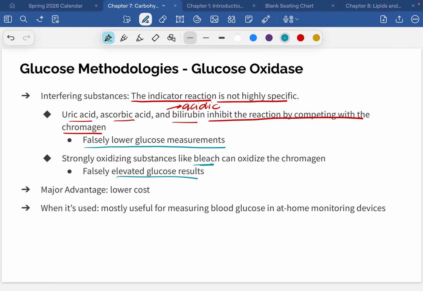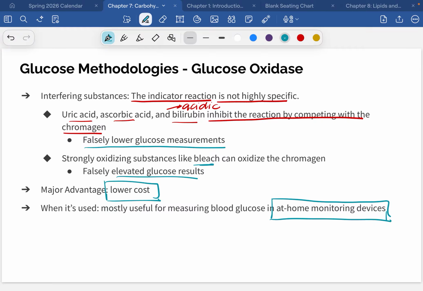The major advantage to this glucose oxidase is it's incredibly cheap. It's a lower cost, and it's mostly useful when measuring blood glucose in at-home monitoring devices. Because the truth is that these at-home monitoring devices don't need to be horrifically accurate. They do need to be semi-accurate, but it's not incredibly important that we have the exact number.